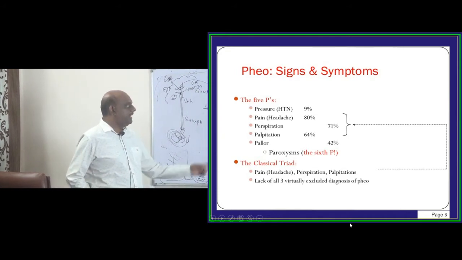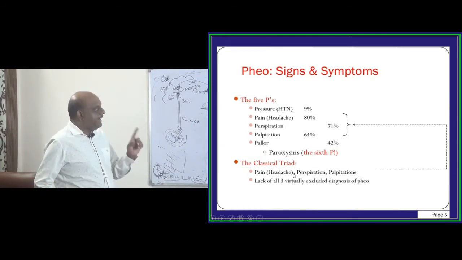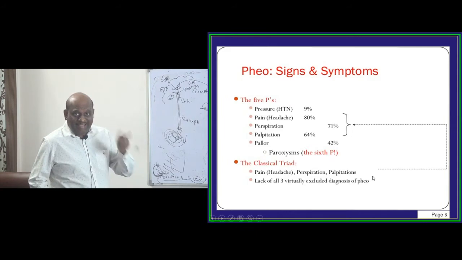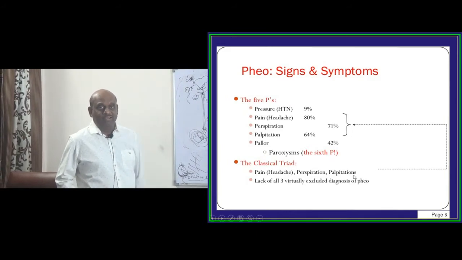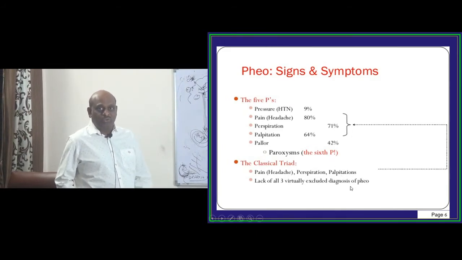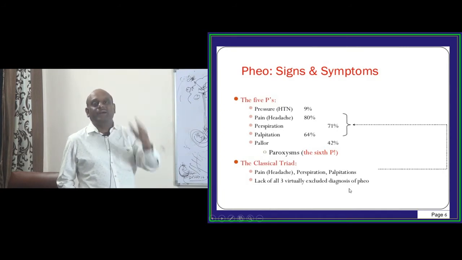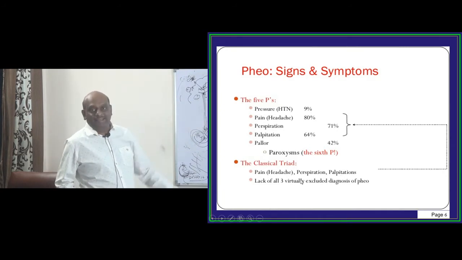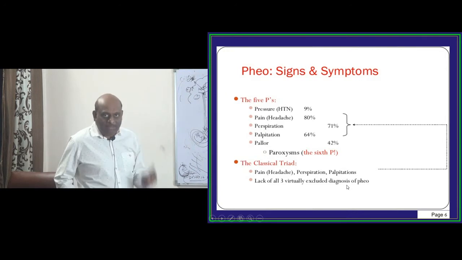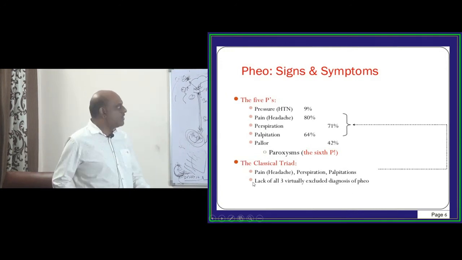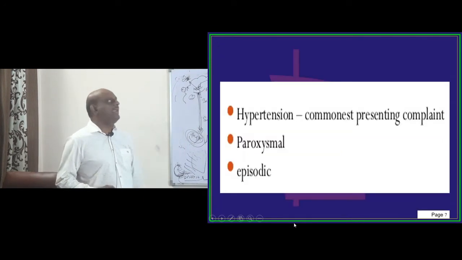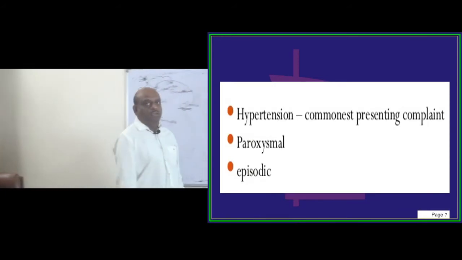If there is no headache, perspiration, palpitations and the history only has hypertension, then it will not be pheo. So the three things, headache, perspiration, palpitations, are called the classical triad, which you need to remember.